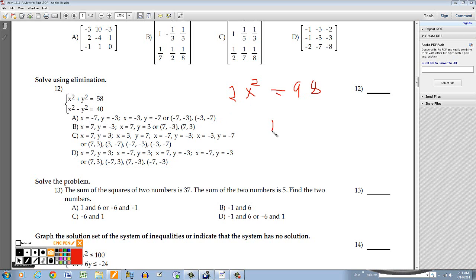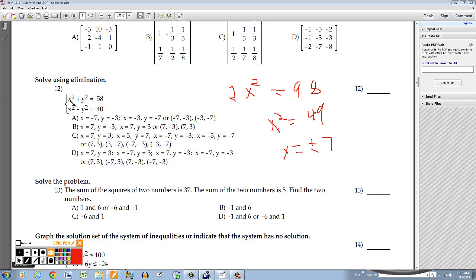Divide both sides of this by 2, and we get 49. So x squared is equal to 49, so x should be the positive or negative square root, either 7 or -7.